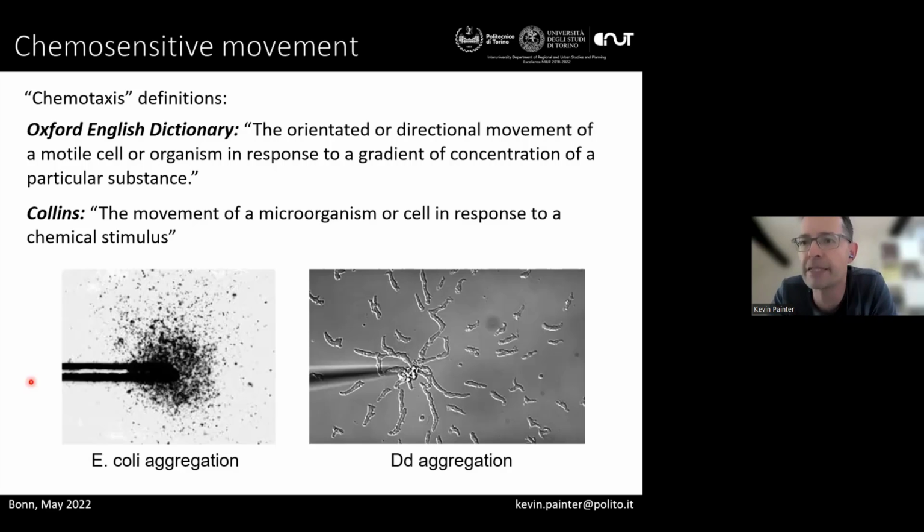So it's quite a specific definition, talking about movement in response to a gradient. If you look at another very well-known dictionary, Collins, it simply says the movement of a microorganism or cell in response to a chemical stimulus. So this whole definition of chemotaxis has little subtleties in the way it's phrased.